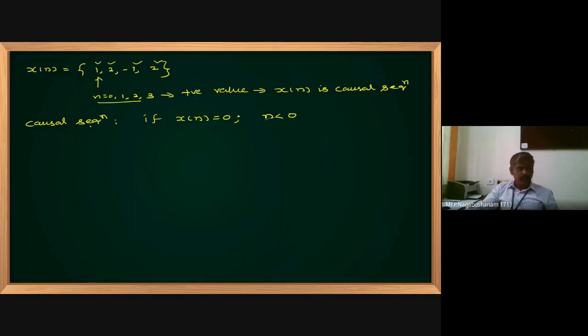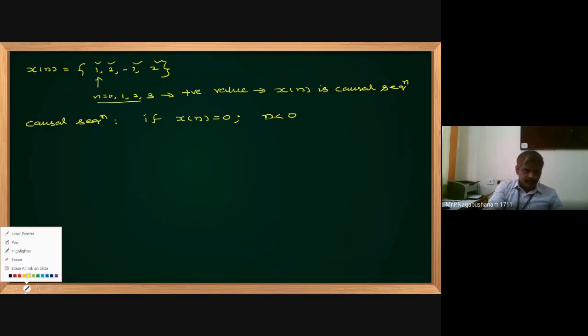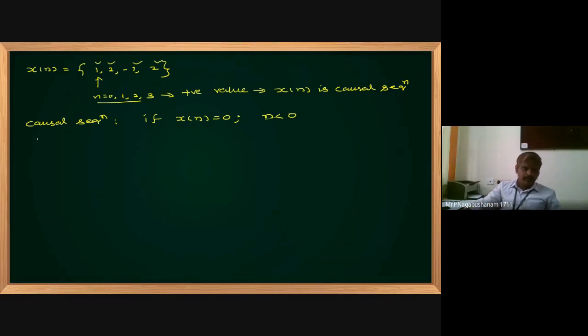I repeat, one of the properties of ROC is, let me use a different color. What is the property?